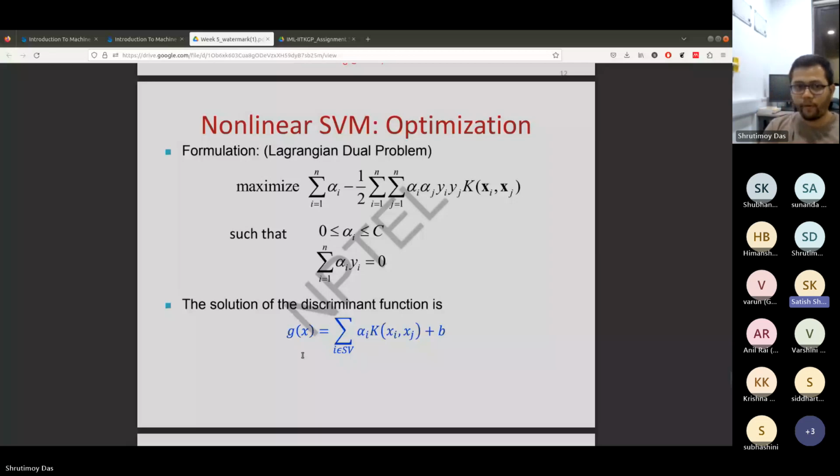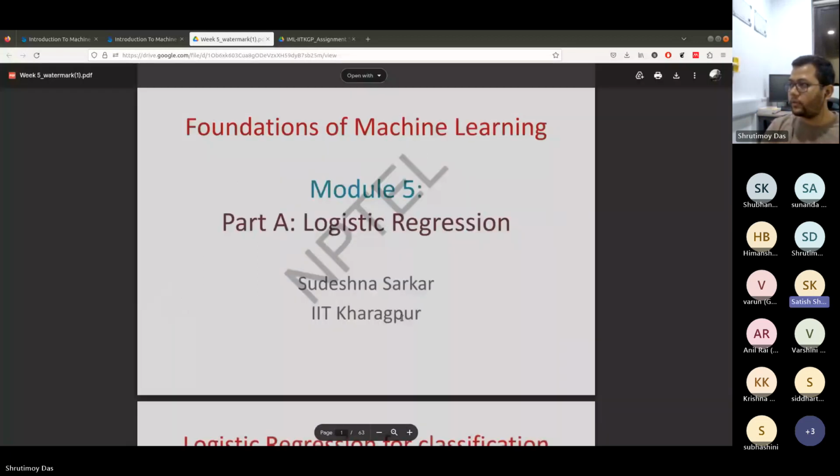And in the logistic regression, can you go to the end of this slide? At the end of the logistic regression, we are able to predict the value. Can you go slowly?